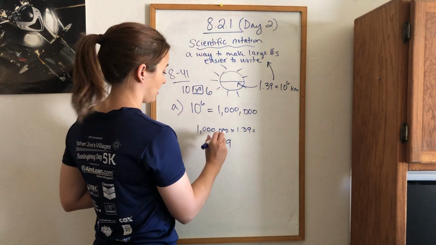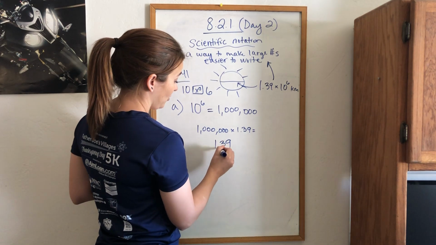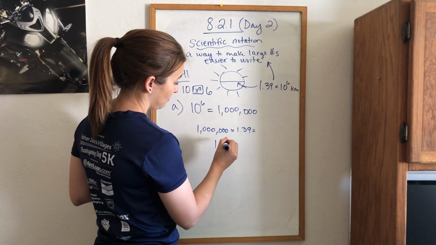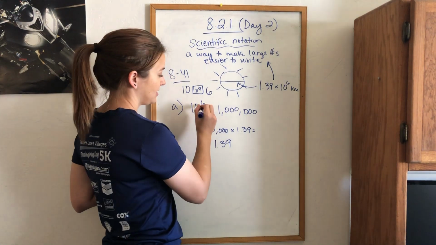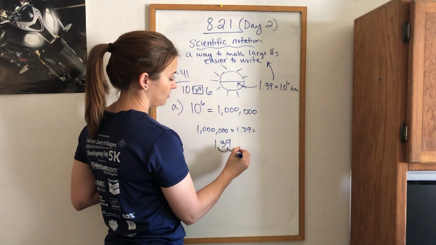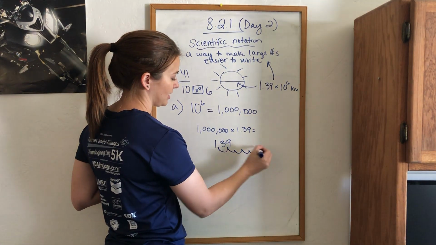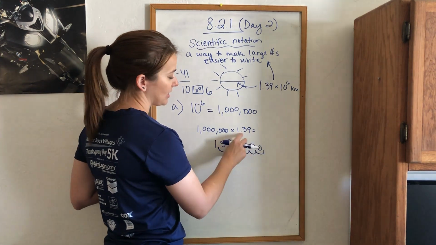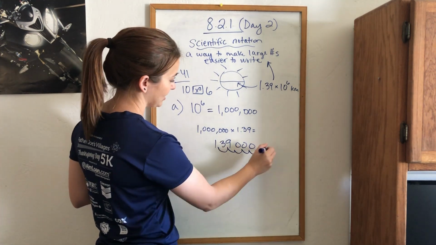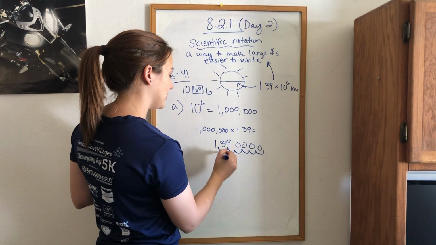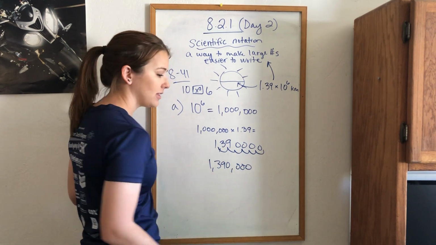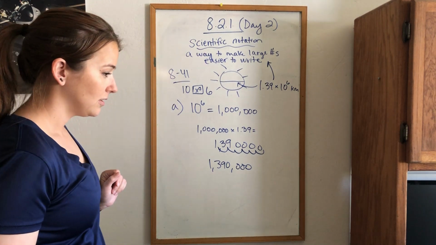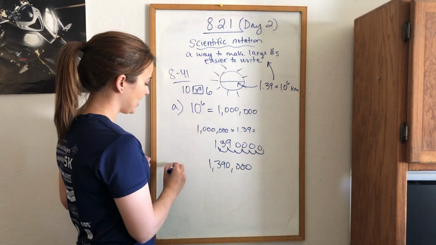You will move the decimal to the right 6 times. 1, 2, 3, 4, 5, 6. You could also plug that into your calculator, and you will get the same thing. So that becomes 1,390,000. So that's part A's answer.